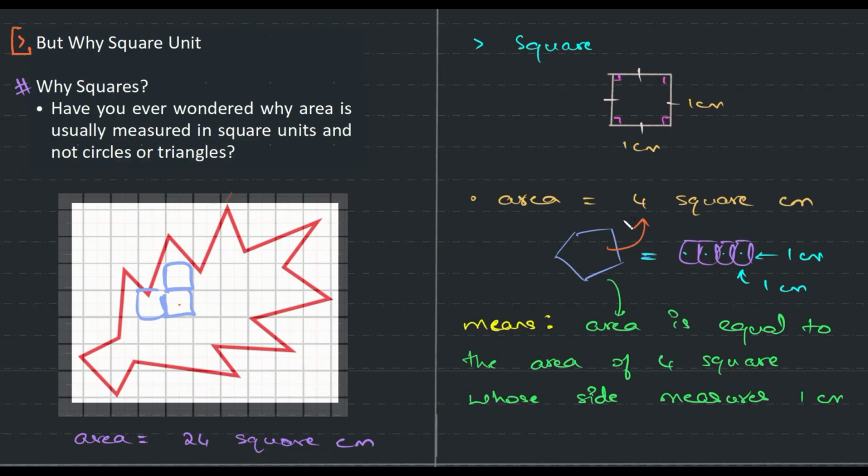And also I explained one more extra bit of information, that is what 4 square centimeter means. So from now onwards, if someone tells you 10 square centimeter or 120 square kilometer, you need to imagine that there are 120 squares whose dimension is 1 kilometer by 1 kilometer. For example, over here, this square has a dimension of 1 centimeter by 1 centimeter. That's how they communicate.